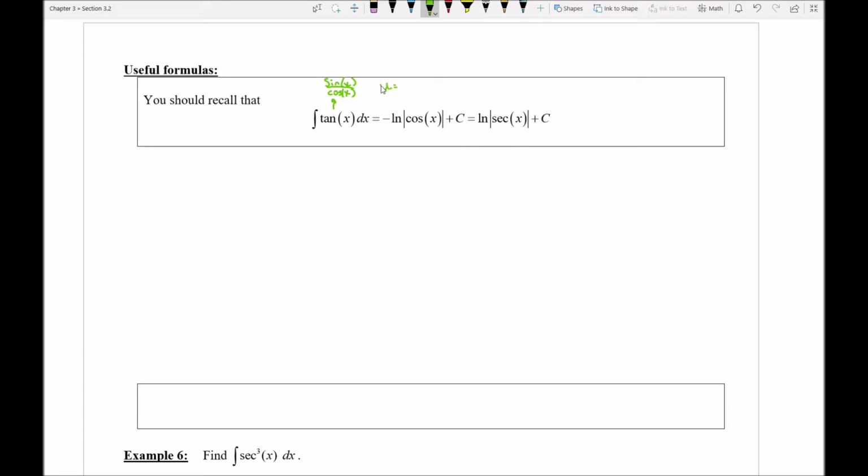Specifically, if you let u be equal to the cosine of x, and therefore du equal to negative sine x dx. I'll leave that for you to verify on your own. But again, this is very convenient to have dedicated to memory, so that if it arises, you could immediately state what the antiderivative of the tangent function is.